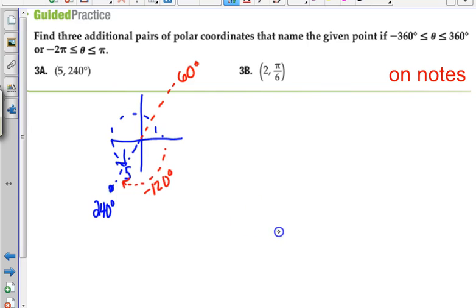Now let's think about writing these. Okay, so I could go positive 240 and out 5, or I could go negative what? Negative 120 and out 5. Or I could go 60 only and then back up 5. Would that put me over here?